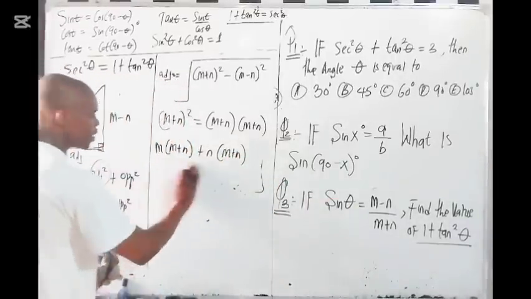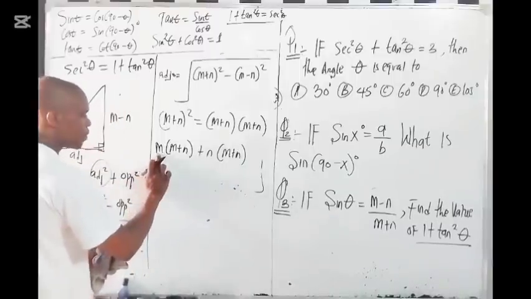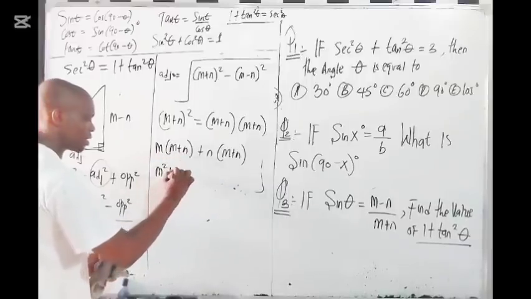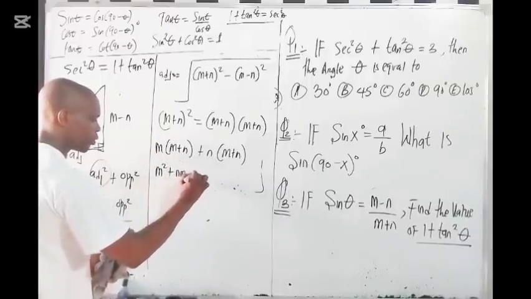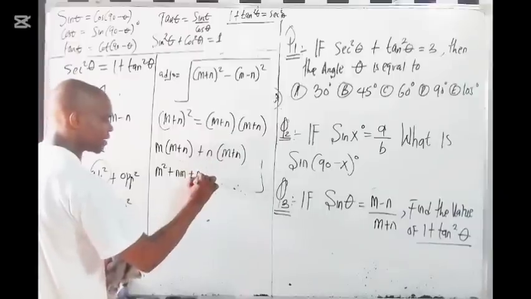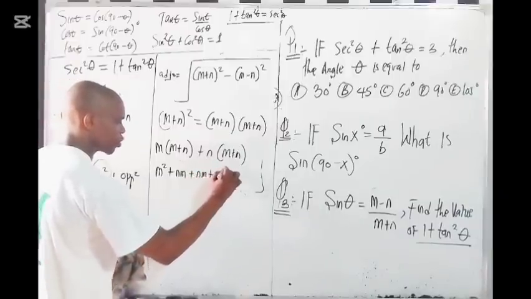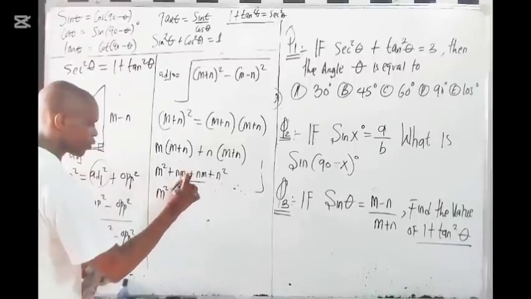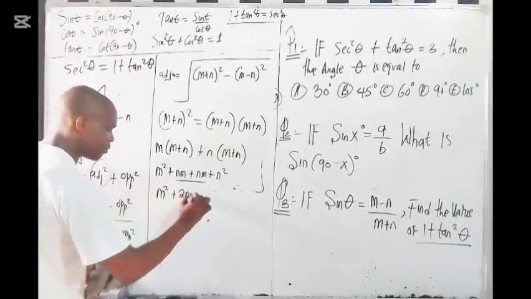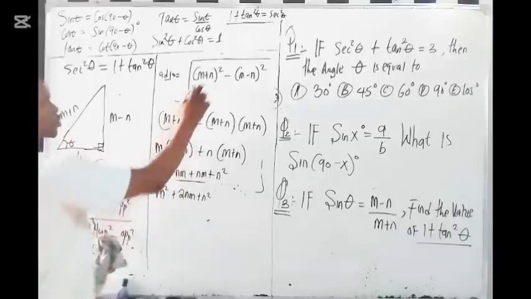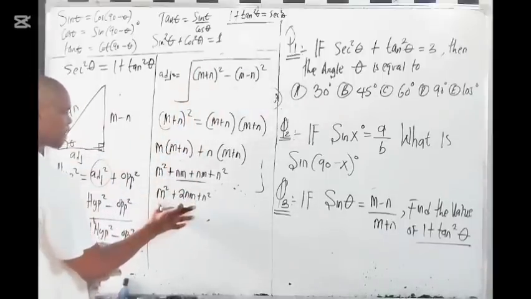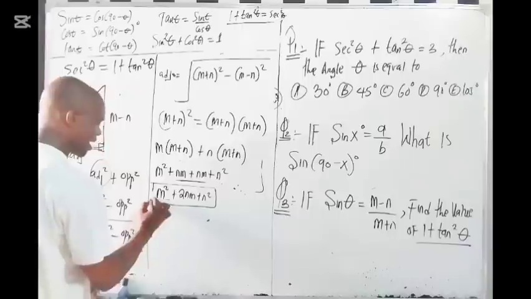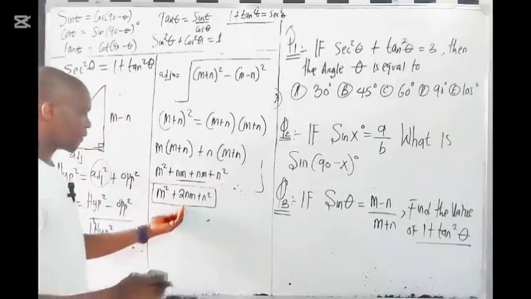When you open this bracket, you have m times m, which is m squared, plus m times n, which is nm, plus n times m, which is nm, plus n squared. You sum this together and you have m squared plus 2nm plus n squared. Do you understand? So we have calculated this one.